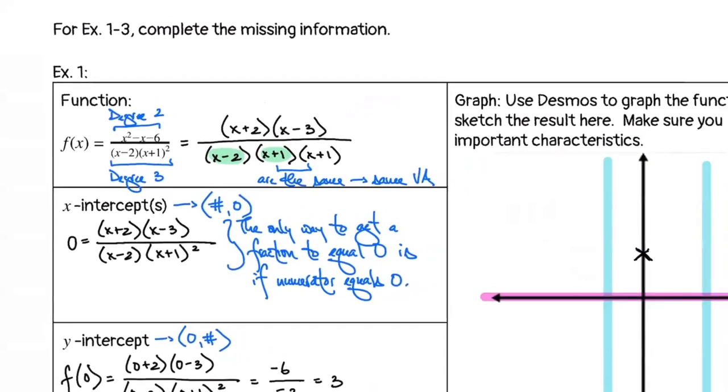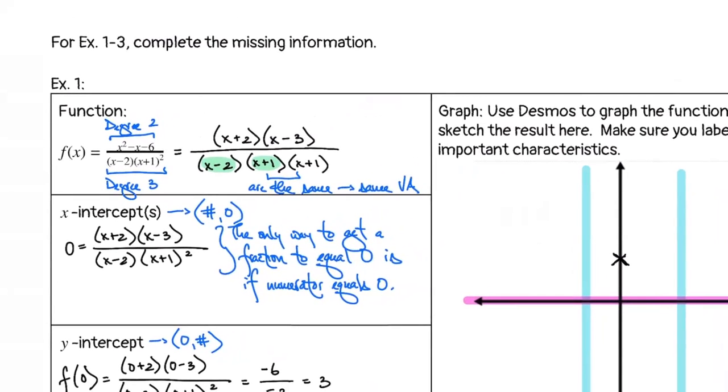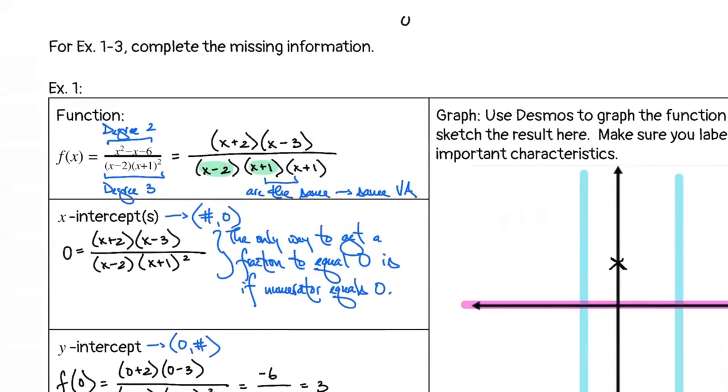And let's convince ourselves with a few numbers here. 0 divided by 1, that's going to give me 0. 0 divided by 2, that gives me 0. 0 divided by negative 11, what's that give us? 0, right?